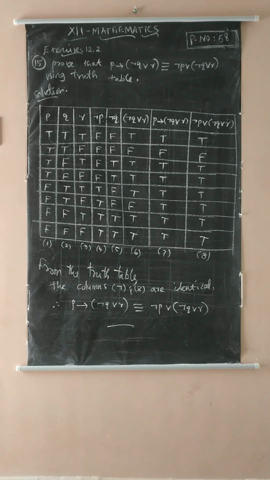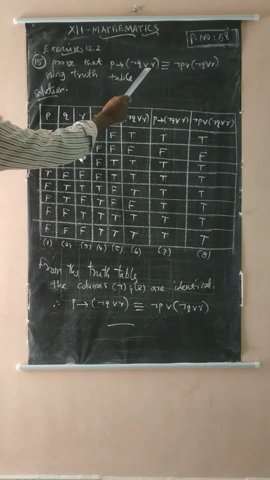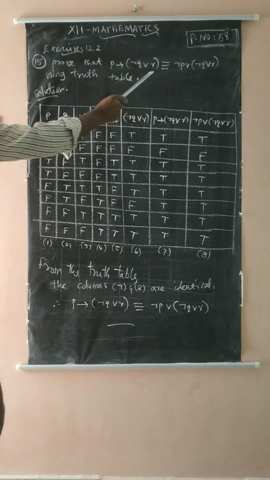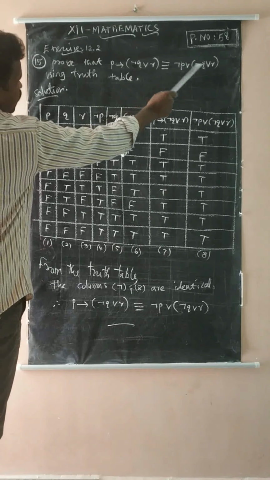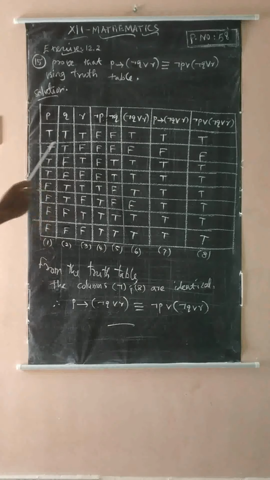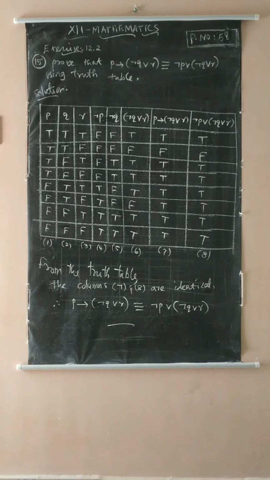Students, now see exercise 12.2, 15th question. Prove that P conditional (negation Q or R) is equivalent to negation P or (negation Q or R). Using a truth table, prove this compound statement.